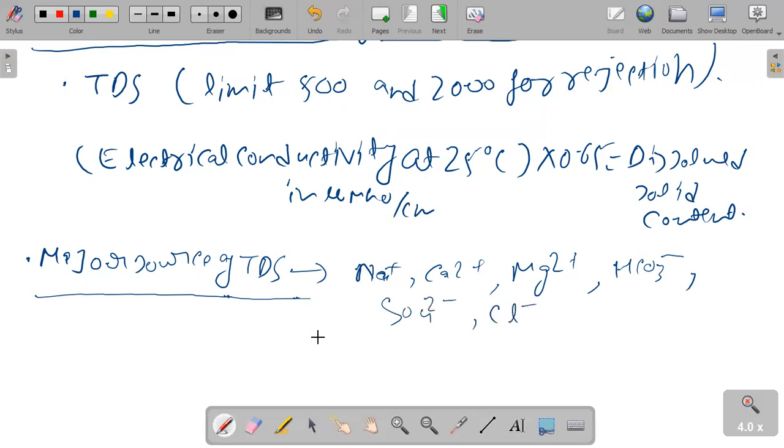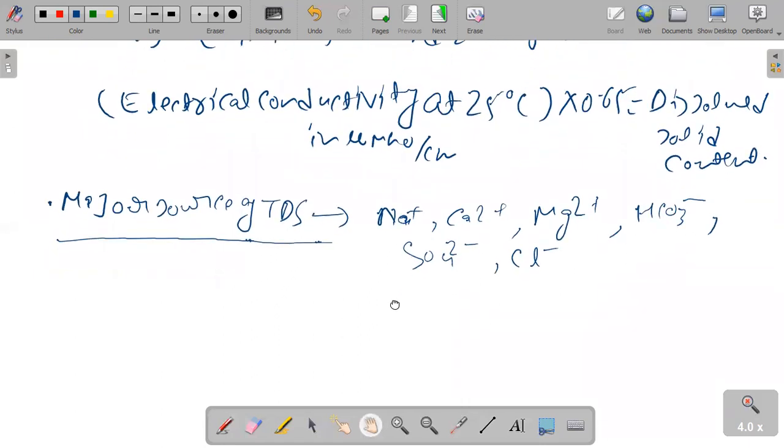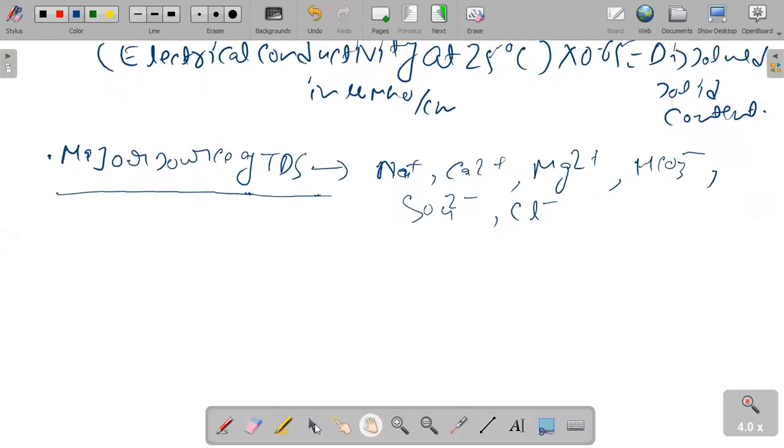These are the major sources of total dissolved solids.